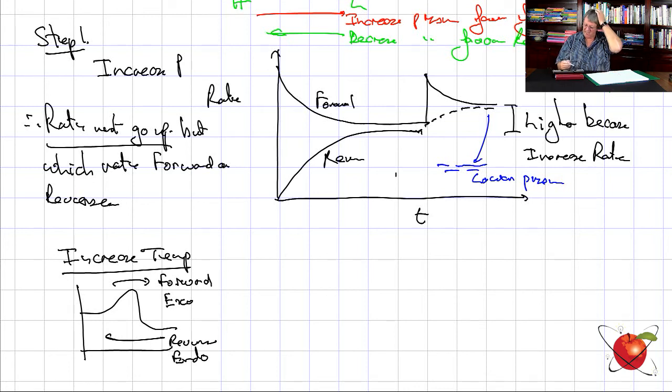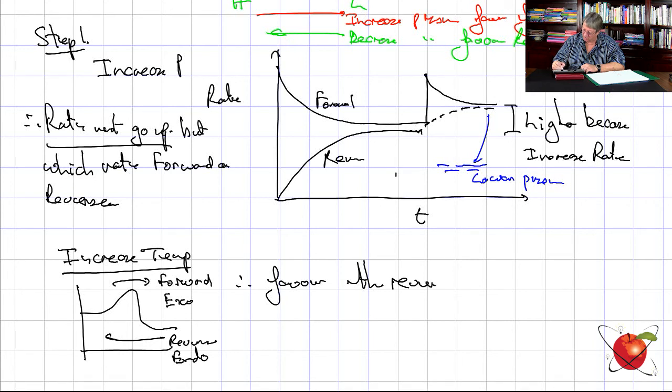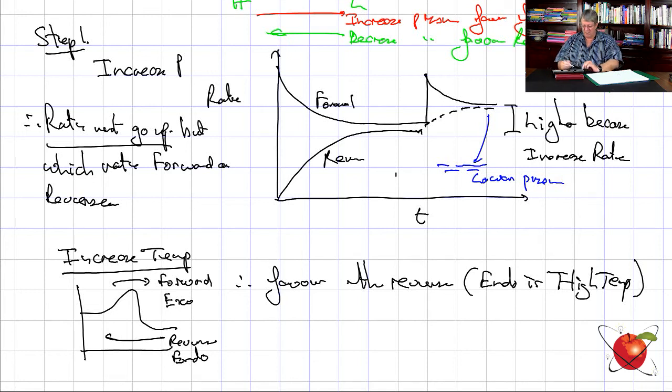So I increase temperature, therefore favor the reverse, because endo is high temp, isn't it? If I increase the temperature, I'm favoring the reverse in this reaction because it's exo.